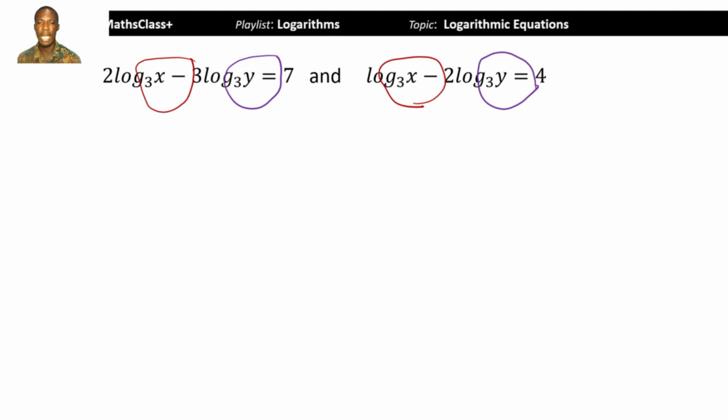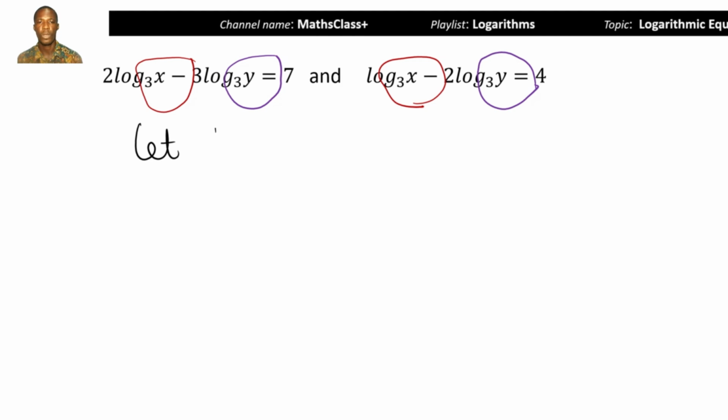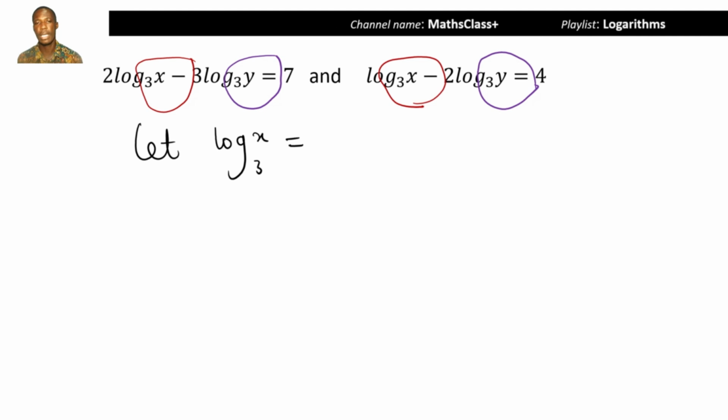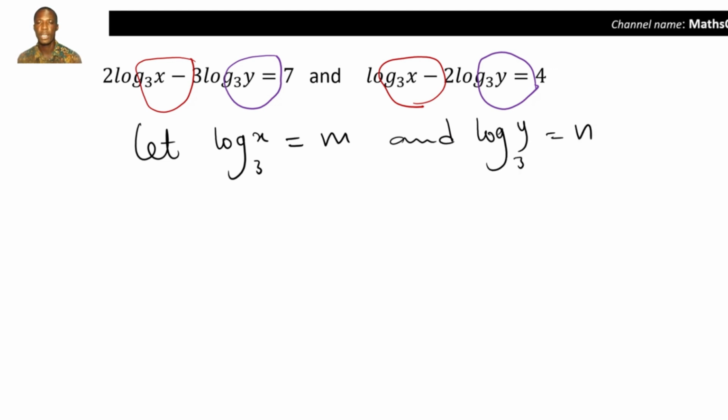Okay, so with these similarities, we are going to do some representation. So we let log x to the base 3 be equal to, let's say, m, and log y to the base 3 be equal to n. So when that is done, our two equations will become 2m minus 3n is equal to 7.